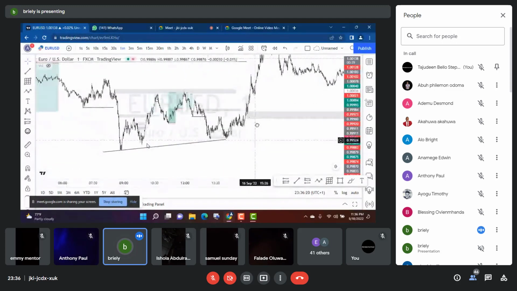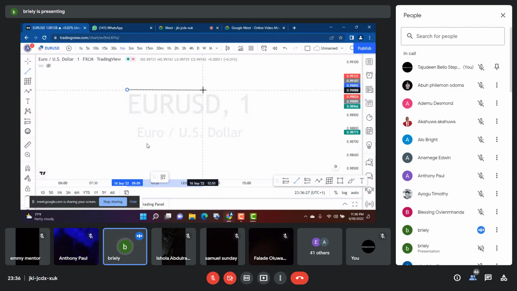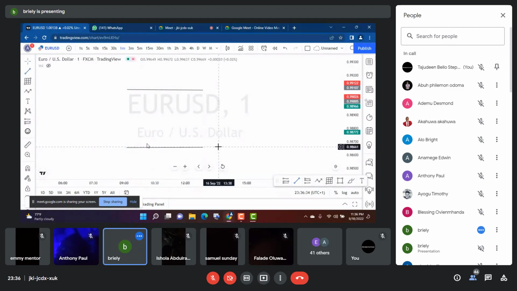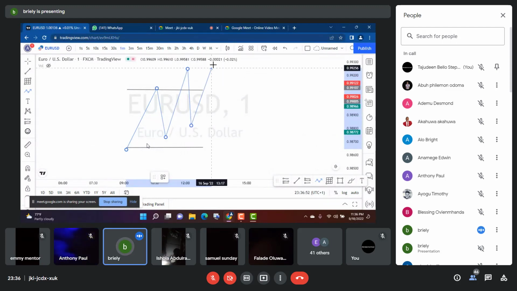Before I go into this, let me give you guys a point. So you're having something like this. Now, normally, these are swing low and these are swing high. So price moves like this. So you're expecting a pullback to this point, mitigation, a break, a pullback before you enter.